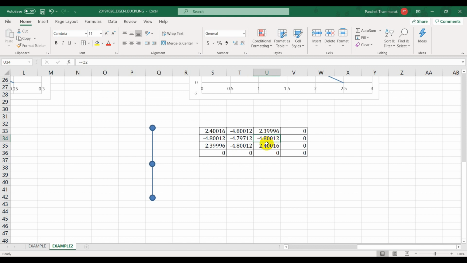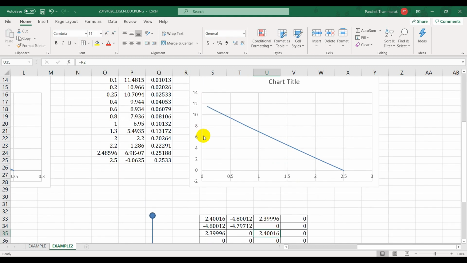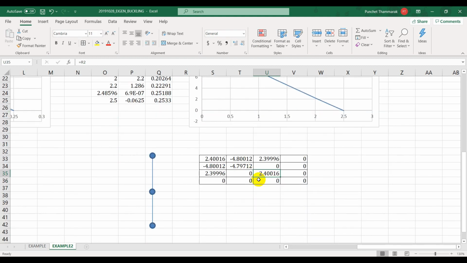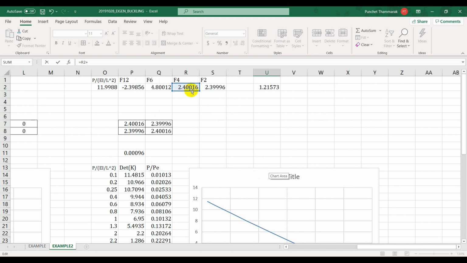This part you add up with the 6 EI of the second element. Okay, this is equal to this already. This part here is added up with what is this one? Rotation, right? With the F4.